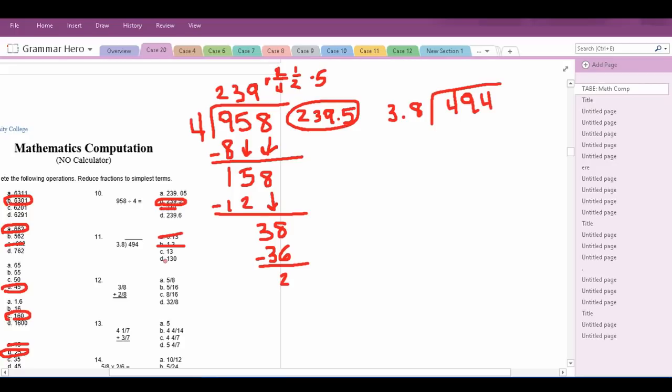Well, what's 4 times 20? 4 times 20 doesn't even get you close to 400. So we know this one's wrong. 3.8 times 130 is the only logical choice. So without doing any work, you could have eliminated all these answer choices and been done.